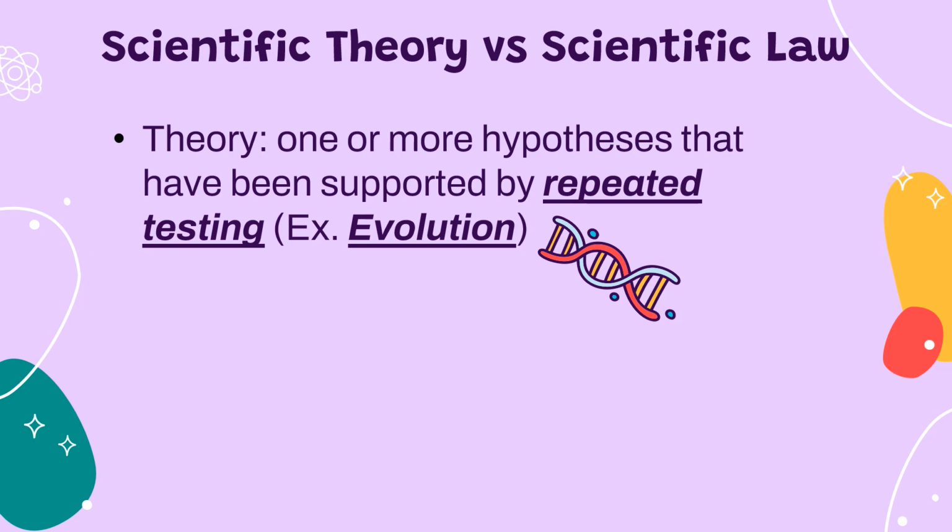Though the thing about science and theories is that they are open to new information. And that's one of the great things about science: we could get new information and a theory could change. For example, if we're talking evolution, Darwin first came up with evolution and he didn't know anything necessarily about genetics.